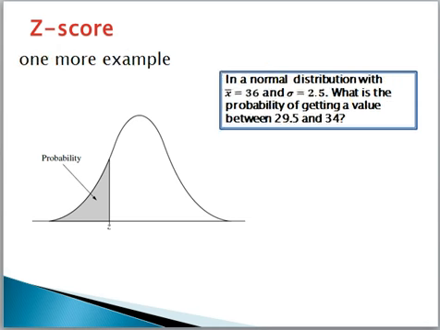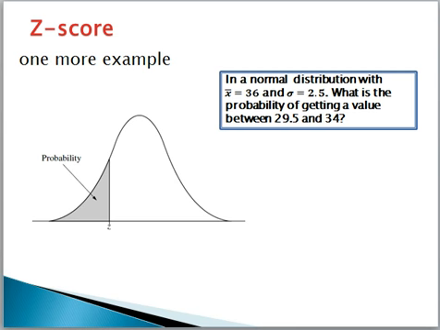Now a different one. A normal distribution with a mean of 36 and a standard deviation of 2.5: what is the probability of getting a value between 29.5 and 34? In the table, you can see in the graph here on the left, the probabilities are always for values lower than the actual z-score.